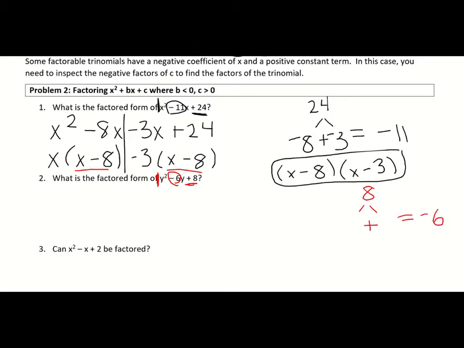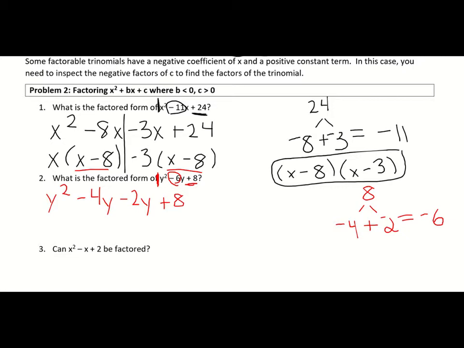So again, in order for something to multiply to a positive and add to a negative, both numbers have to be negative. In this case, it's -4 and -2. So I'm going to use the -4 and -2 to rewrite y squared minus 4y minus 2y plus 8.